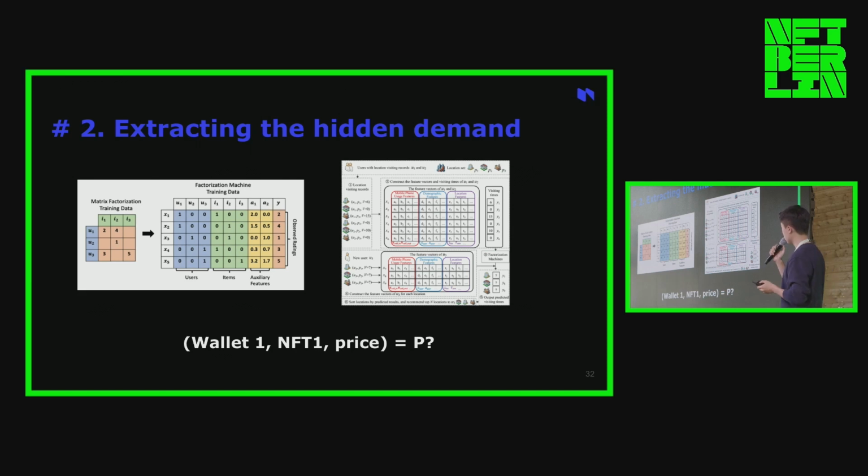And then the green side is an NFT item embedding: what traits this NFT has, how many offers and bids it historically has, all kinds of features. With those features, we try to predict how likely this wallet will buy this NFT.